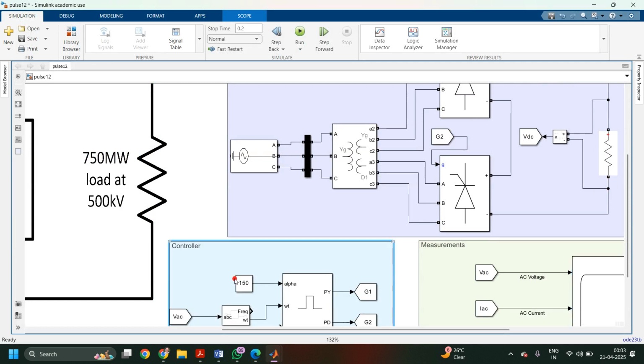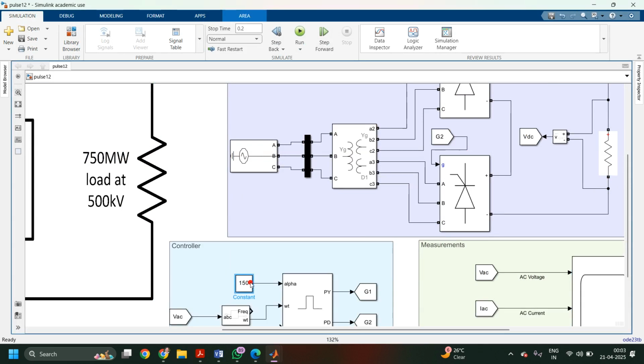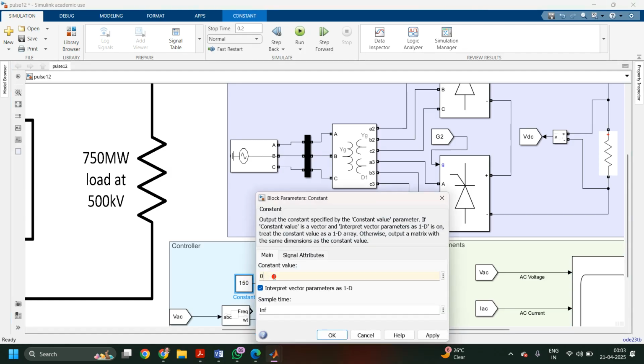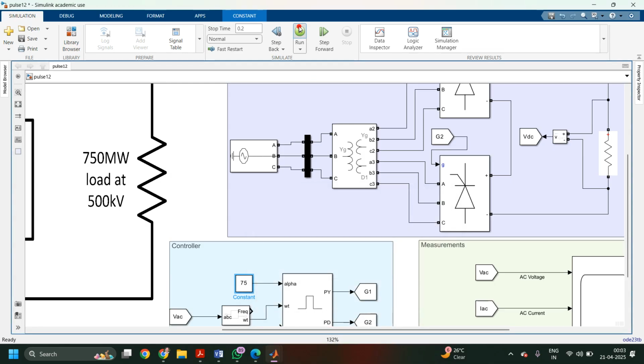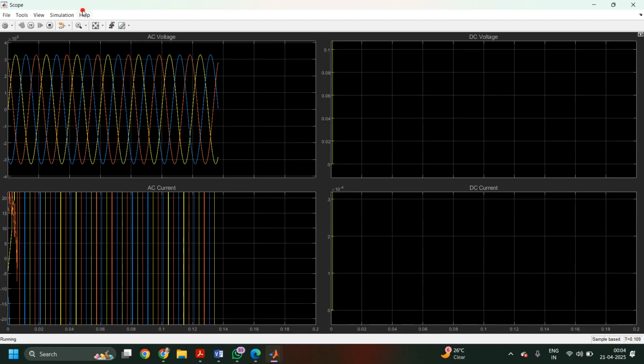So you have to simulate this from 0 degree, let's start from the 0 degree simulation, and up to, in steps of 15 or 30 degree, you can increase this. Let us simulate it for 75 degree. You can observe there is a lot of distortion in the input current for this.